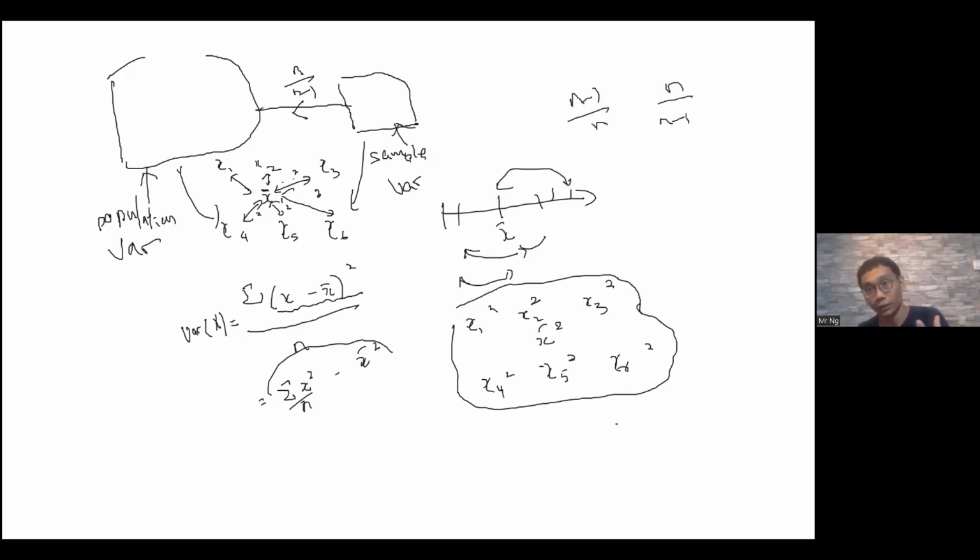Since n over n minus 1 is slightly more than 1, that means blowing it out. So sample variance times n over n minus 1 is your unbiased estimator of your population variance. It is just an estimator, not the actual variance.